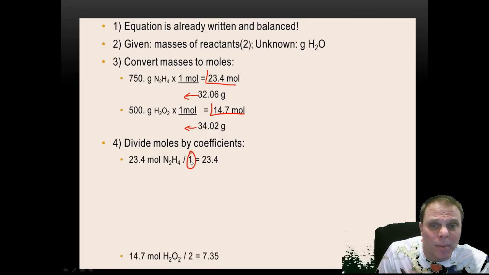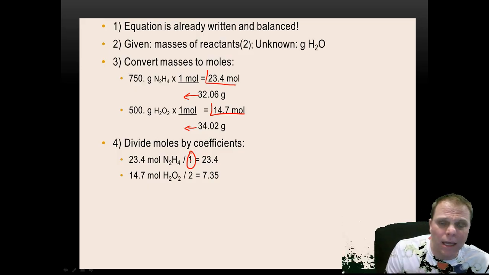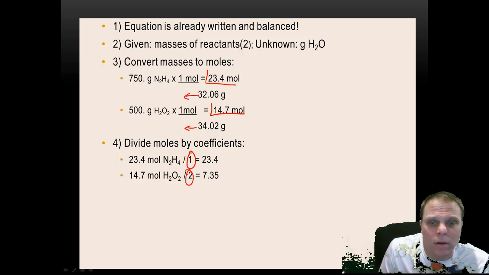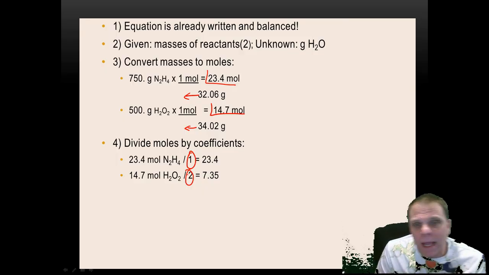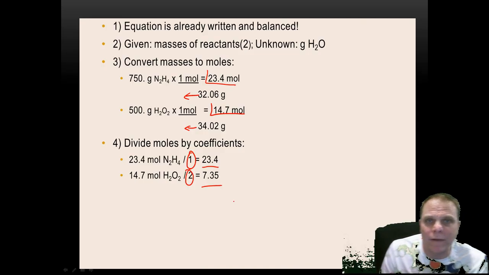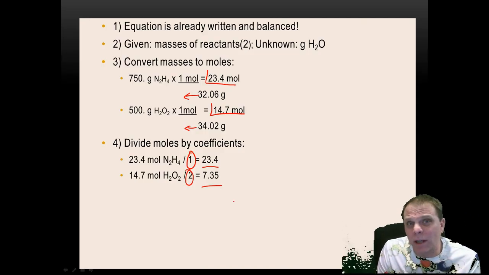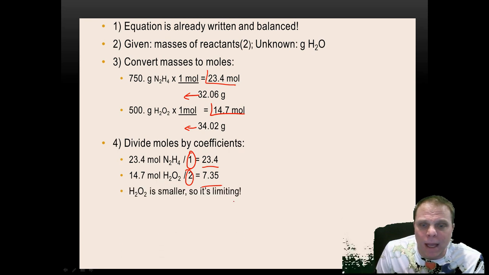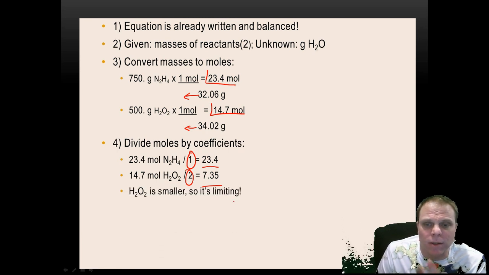And then I take my hydrogen peroxide and divide that by 2, because that was the coefficient in front of the hydrogen peroxide. Now I've got some new numbers, right? 23.4 and 7.35. And remember, whichever one is the lowest is your limiting reactant. And so the H2O2 is smaller, so that's the limiting reactant.